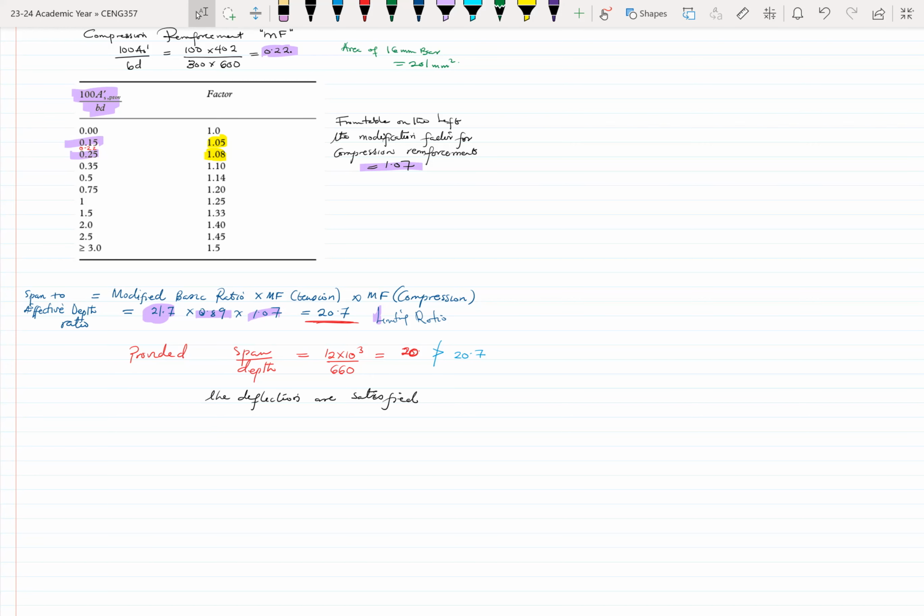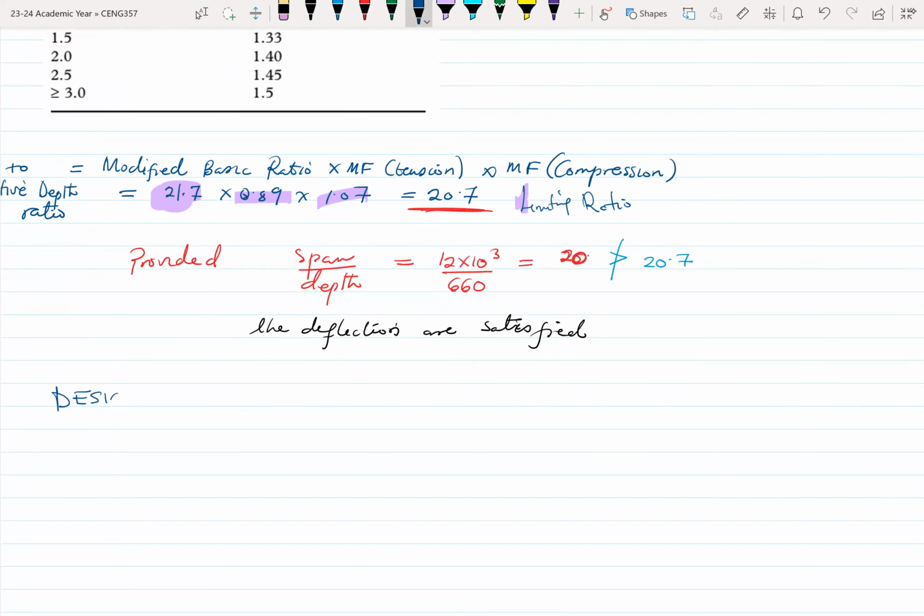We start by looking at the design of one-way spanning solid slabs.